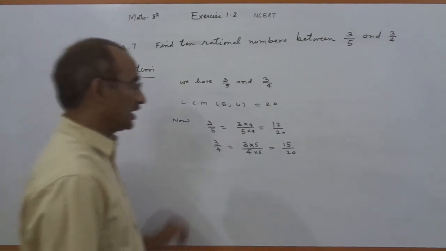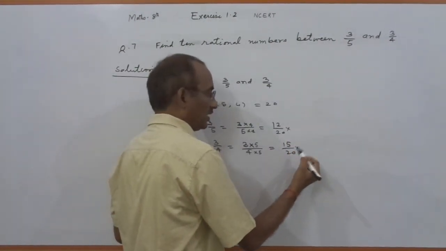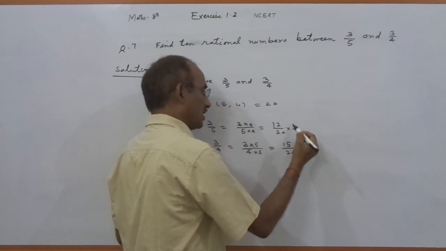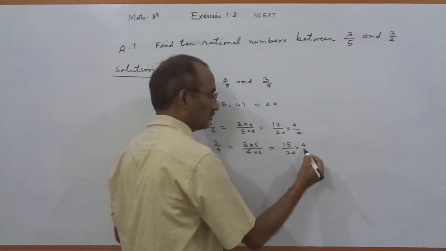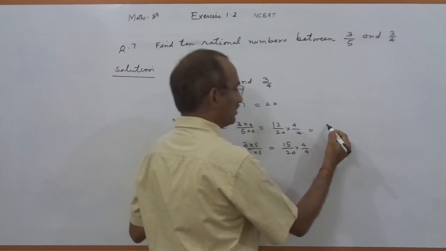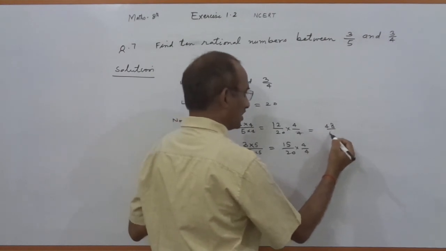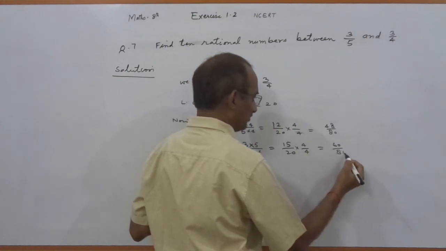So we have to multiply 12 upon 20 and 15 upon 20 by a suitable number like 4 upon 4. So here we get 48 upon 80 and 60 upon 80.